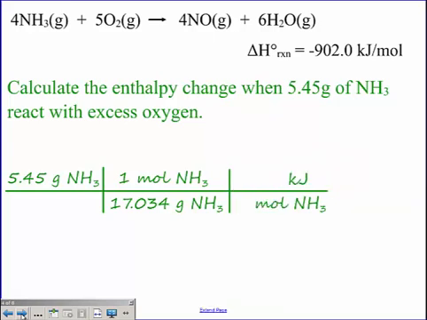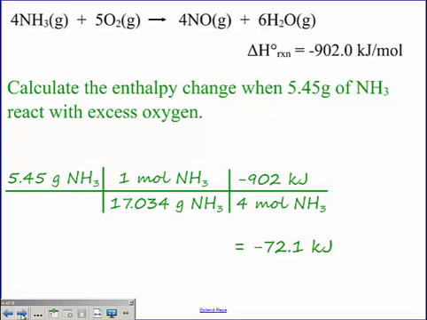Now we can write our conversion factor between moles of ammonia and kilojoules of heat. From the thermochemical equation, 4 moles of ammonia react when 902 kilojoules of heat are released. Putting that all into the calculator gives you an answer of negative 72.1 kilojoules.